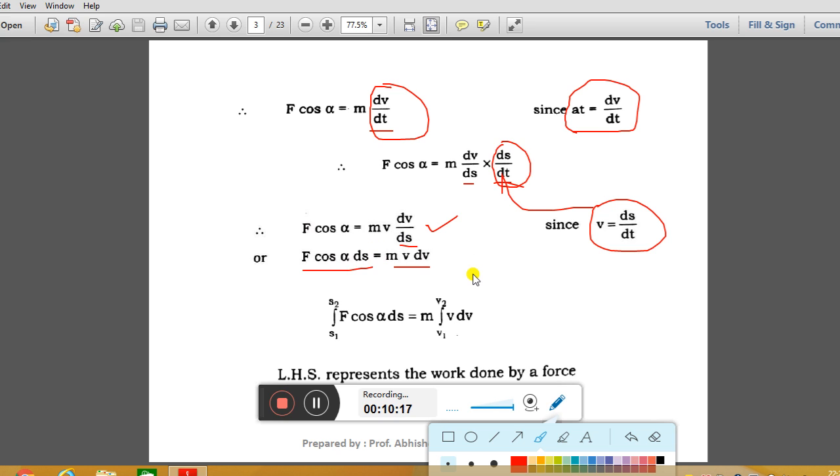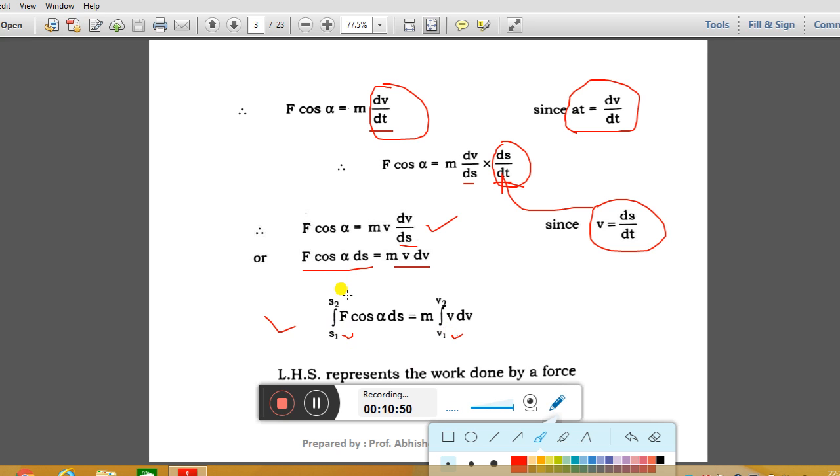Now take the integration between position 1 and position 2. In position 1, when the collar occupies position S1, the collar has velocity V1.